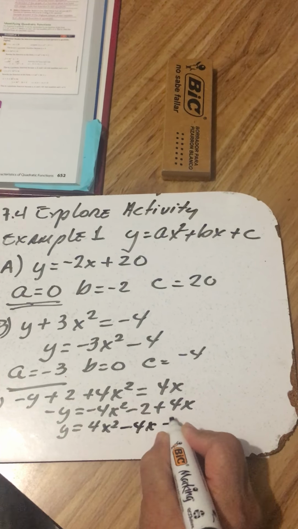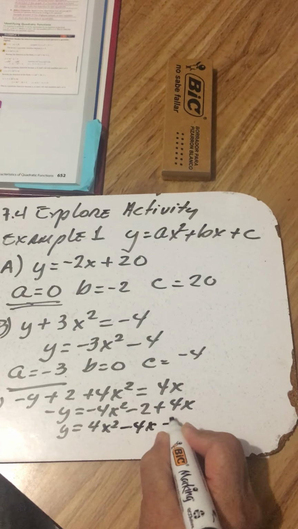Now, you're going to read carefully the green rectangle on page 653, minimum and maximum values. This is example 2. Okay, determine the maximum or minimum value of each quadratic function. We have in A this graph. Here is 5.